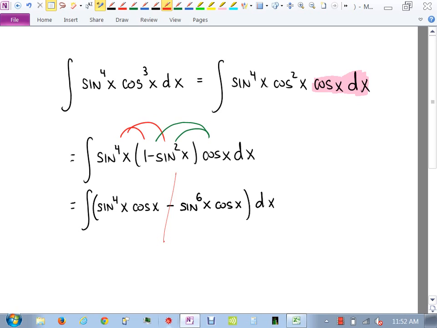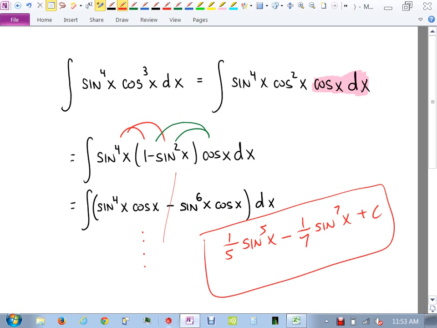Can I dot, dot, dot this? 1/5 sine to the fifth x minus 1/7 sine to the seventh x plus c. Here we go. Next one.